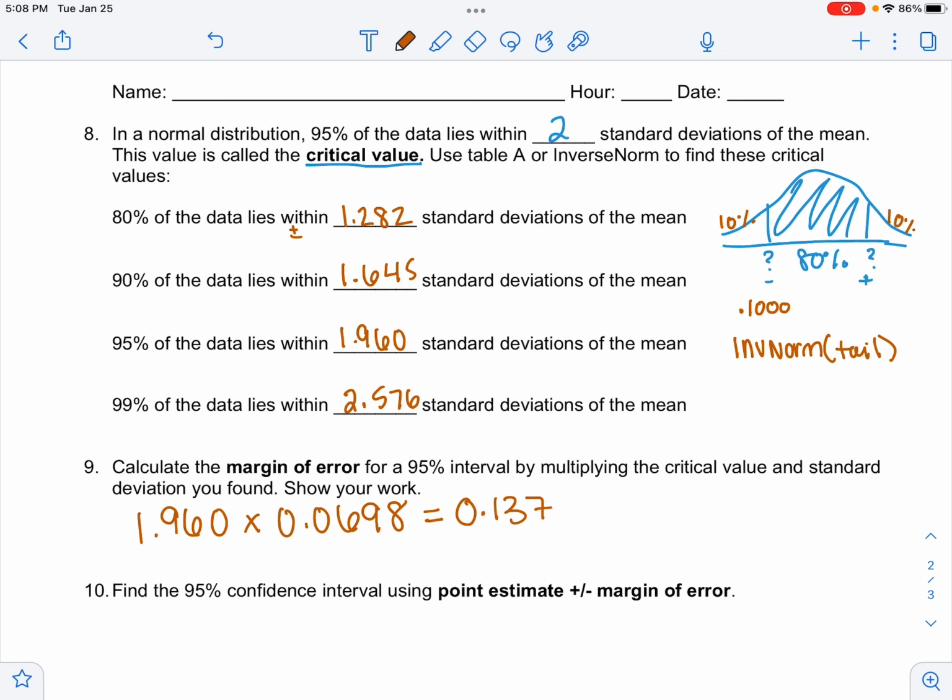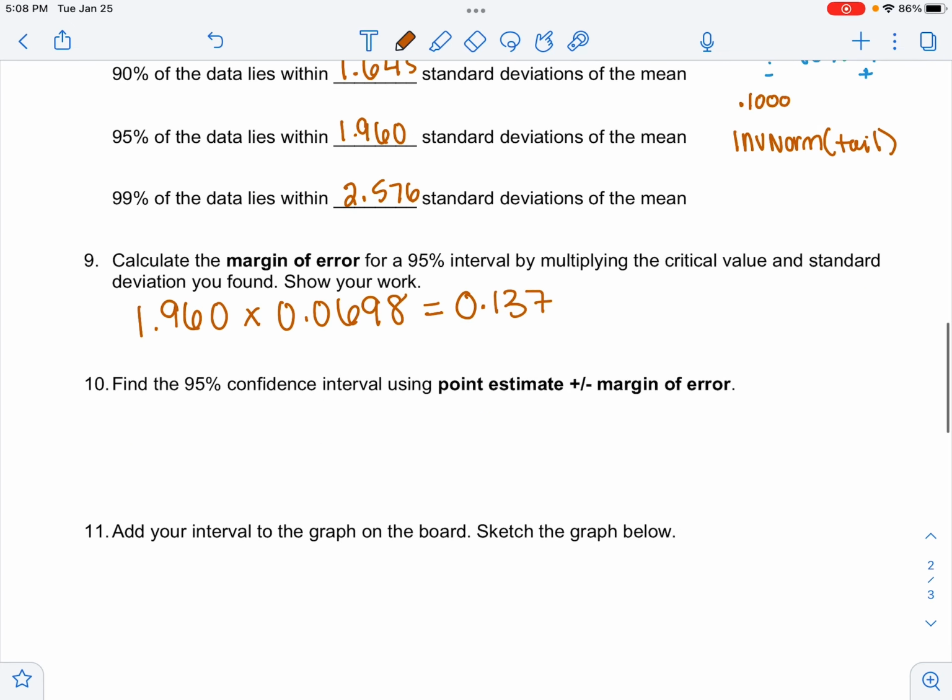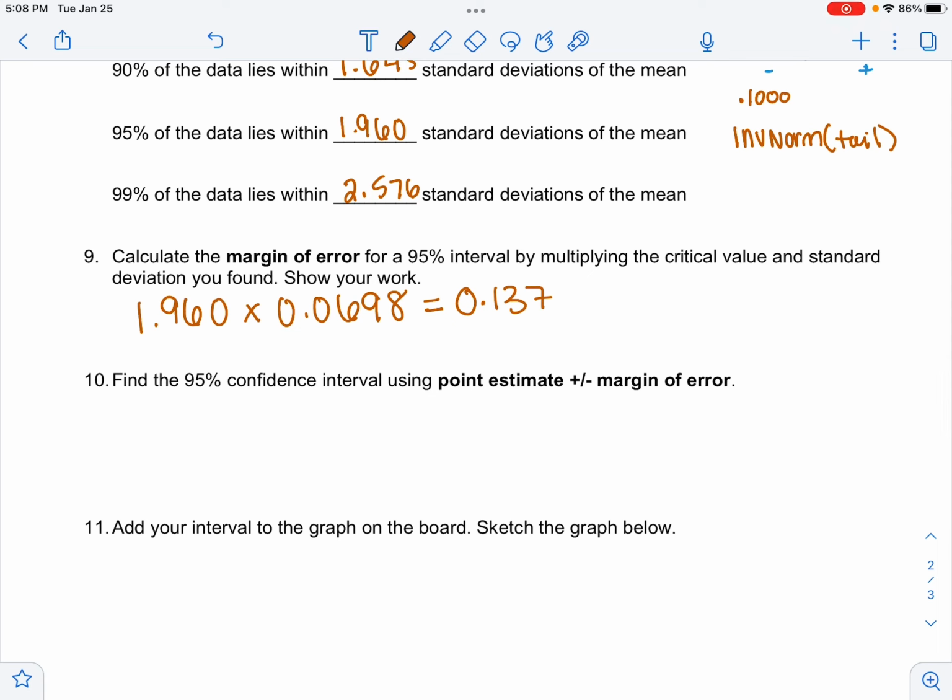So now, if I want to find my 95% confidence interval using my point estimate plus or minus the margin of error. So my point estimate is what I found at first, right? That is like my p hat. The margin of error is what we just found above. So I'm going to take my point estimate from before. You take yours.